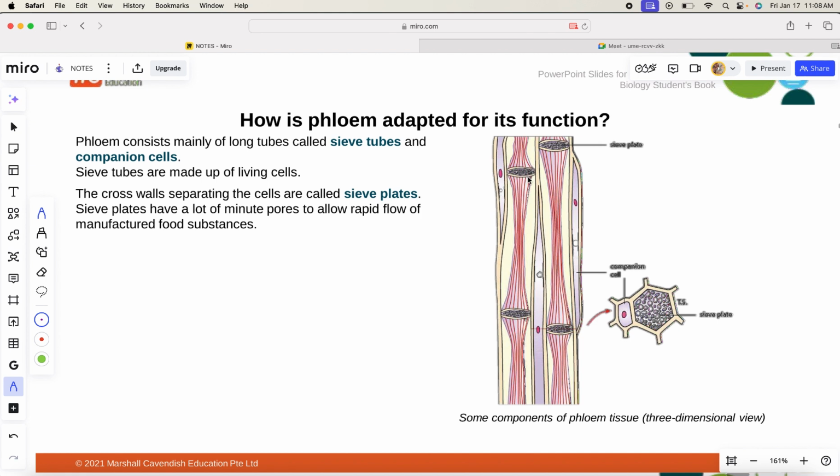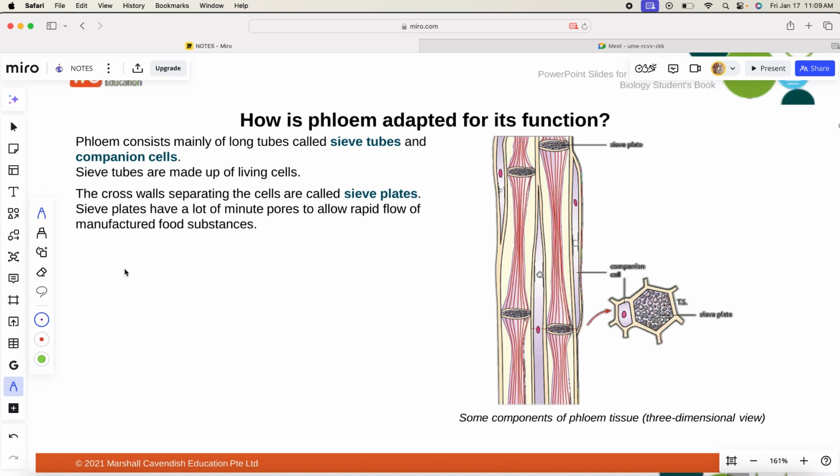Now, the phloem consists mainly of a long tube called the sieve tube. Okay, this is the sieve tube, and inside the sieve tube you have what we call the sieve plate. This knee cap in the phloem tube is called the sieve plate. The phloem is made up of two things: the sieve plate and the companion cells.